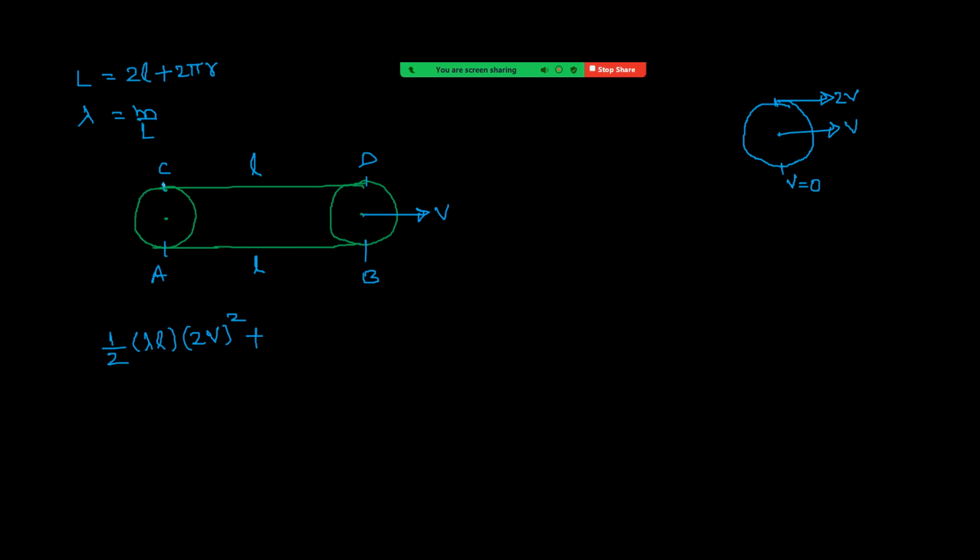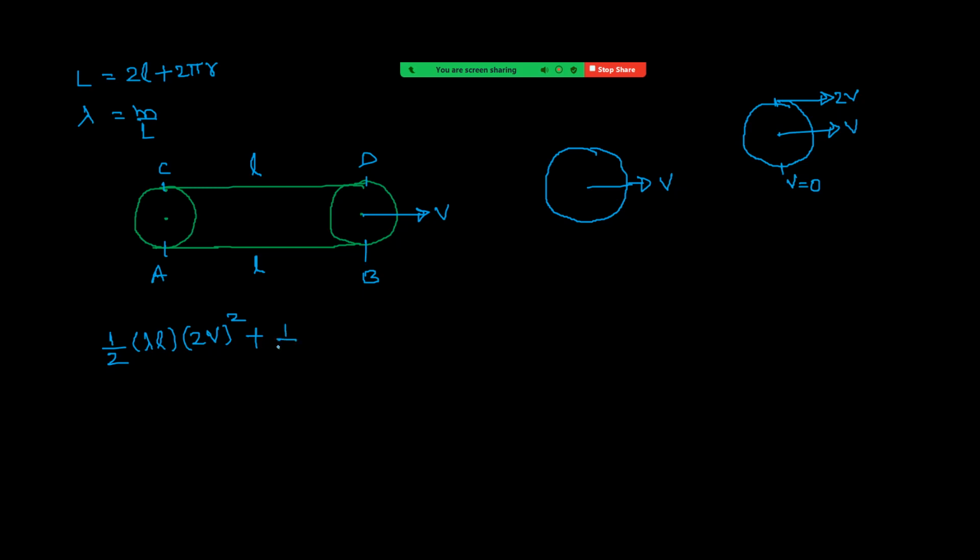What I am saying is this half part of the belt makes one complete belt. I hope you are getting this point. D to B is a half part of a belt, a semicircle. CA is also a semicircle. This half belt makes one complete belt. It is just like one ring. For a ring which is rolling without slipping, kinetic energy will be half into m into vc square into 1 plus beta.